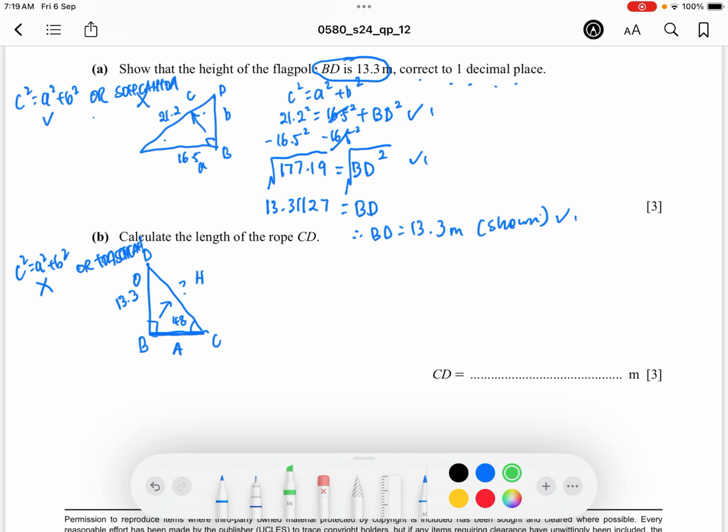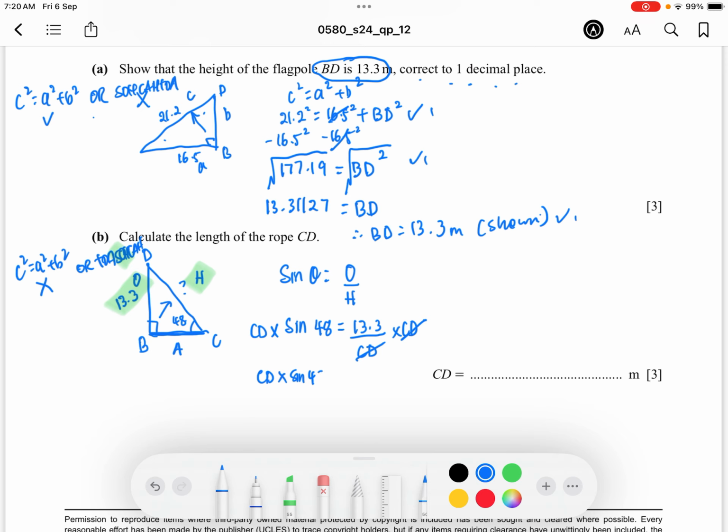In this case, we have values opposite and hypotenuse. So opposite and hypotenuse is sine. Sine theta equals opposite over hypotenuse. Substitute: theta is the angle 48, opposite is given as 13.3, hypotenuse is the one that we want to find, which is CD. Multiply both sides by CD. So we have CD times sine 48 equals 13.3.